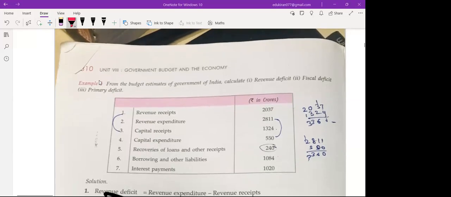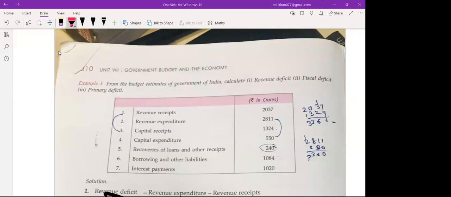Wait, ma'am. Revenue expenditure is given, revenue receipt is given for revenue deficit. So first, RD equals RE minus RR.